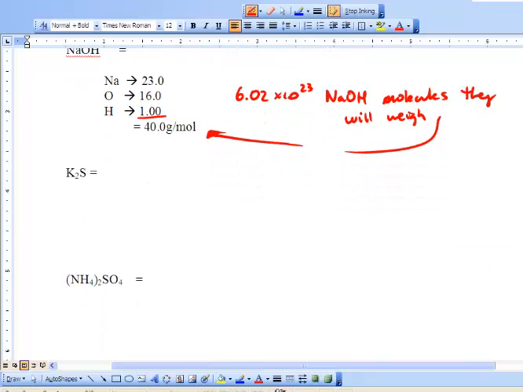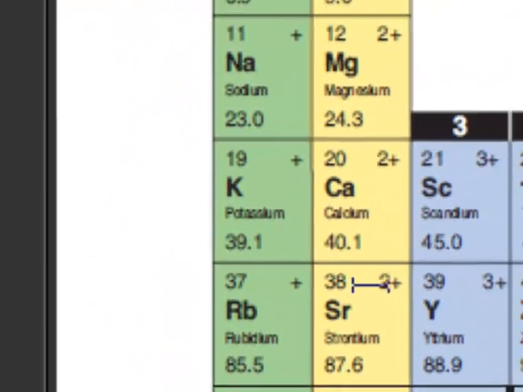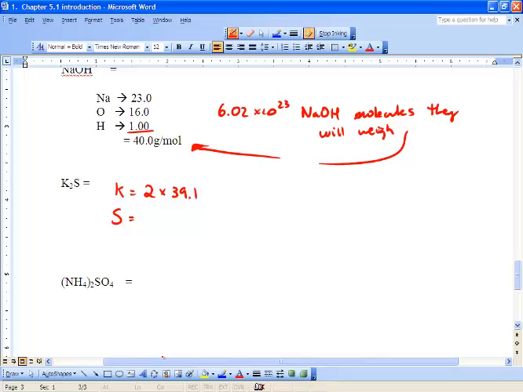All right, let's try a couple more. We've got potassium sulfide, with K and S, and this is how I want you to set them up. We've got 2 Ks, and K's molar mass is 39.1. We just find that on the periodic table. So potassium, look there, 39.1. Then we've got sulfur, and we've got one of those, and it's 32.1.